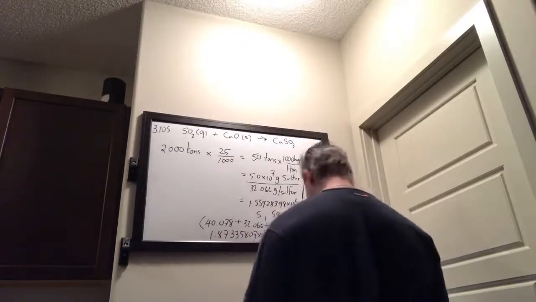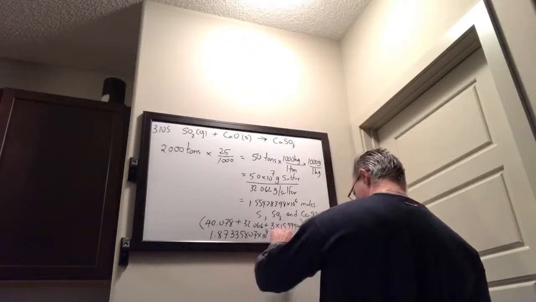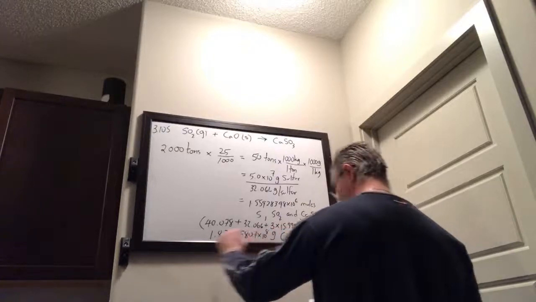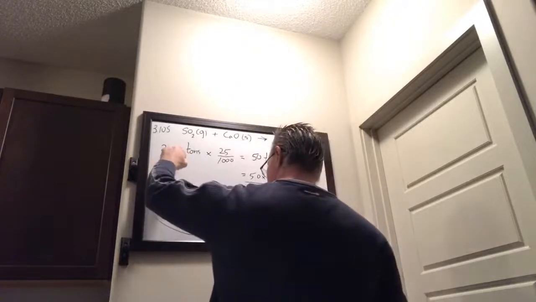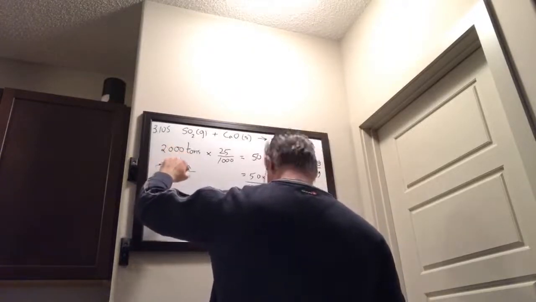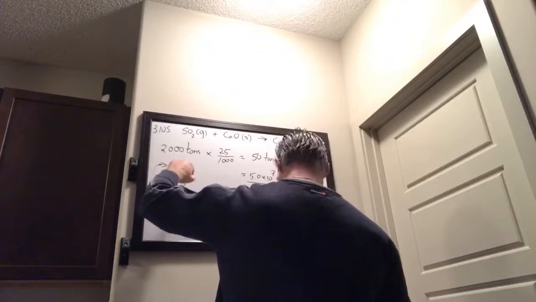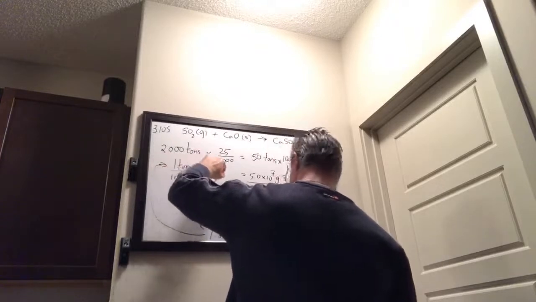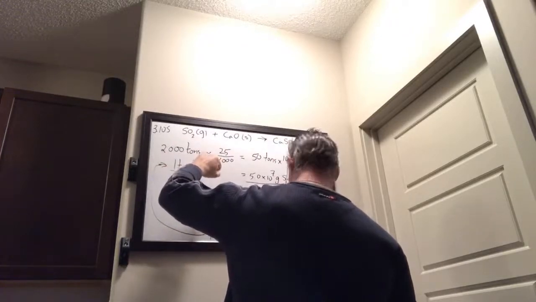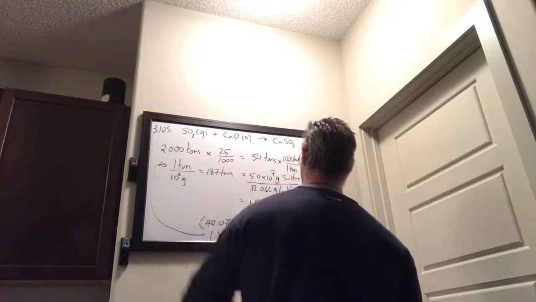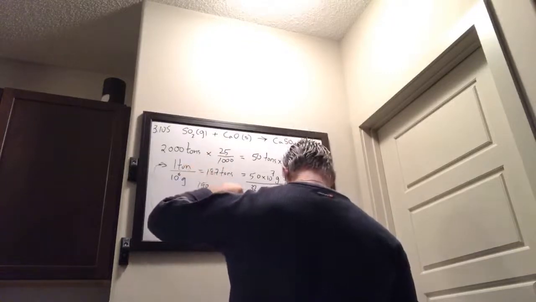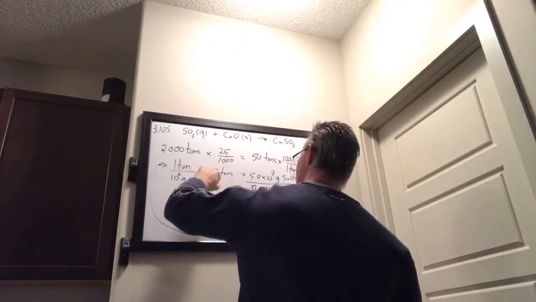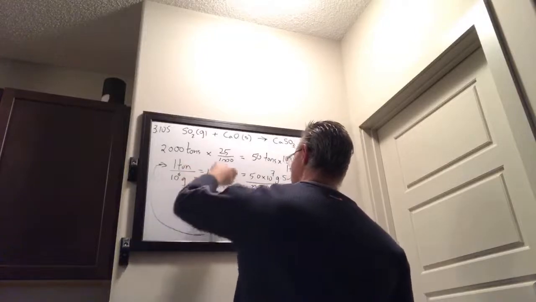Or if you like, put that up here again. You've got 1 ton per 10 to the 6 grams. So you got 187 tons. You're only allowed 2 sig figs. So really you'll have to report 190 tons as your final answer because that's only 2 sig figs.